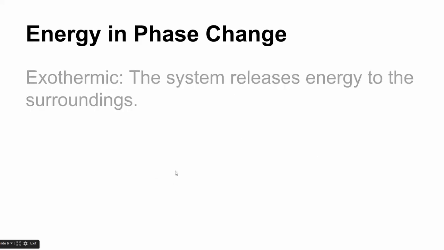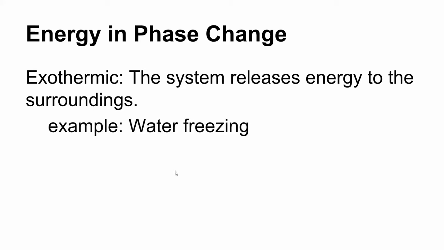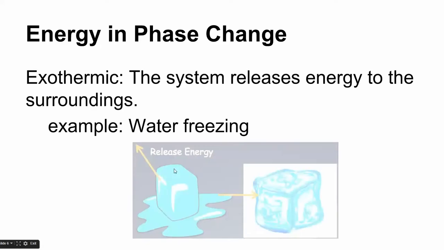Now, the other kind of energy movement would be called exothermic, which means the system releases energy to the surroundings. Or another way to think of this is energy exiting the system. Water freezing would be an example of this.